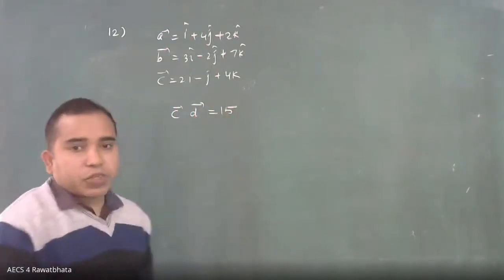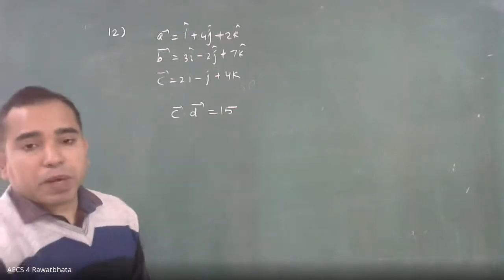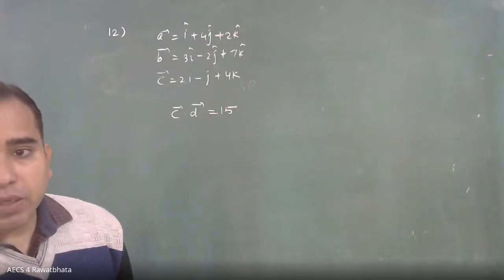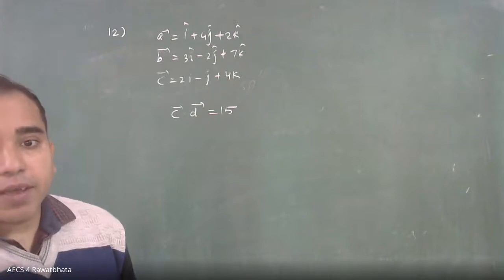So there are three vectors, and another vector D, which is perpendicular to both A vector and B vector. I request you all to please read this question again and understand it.